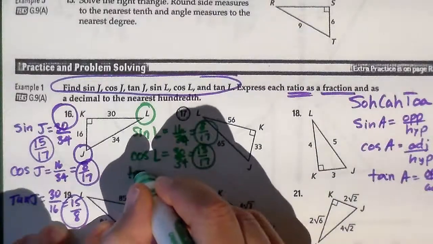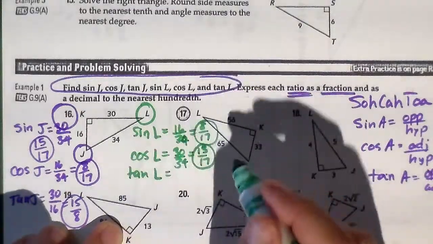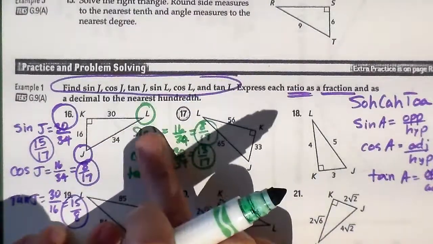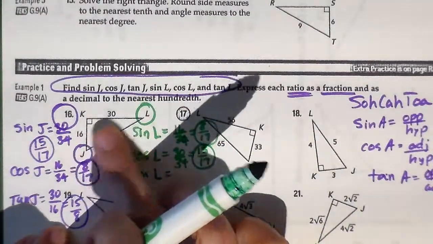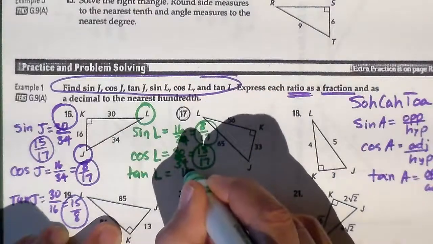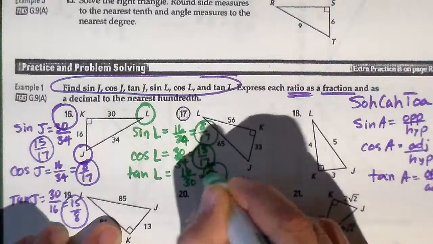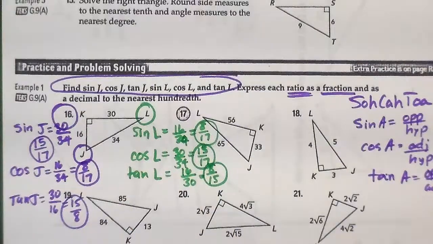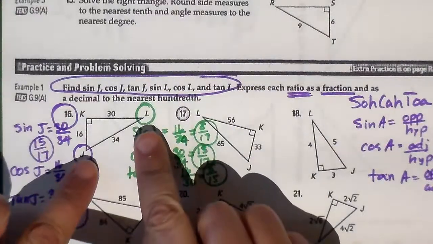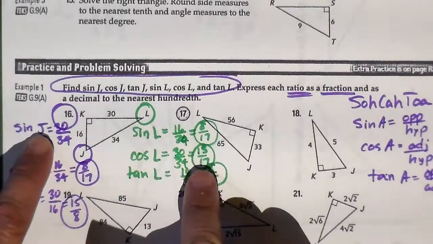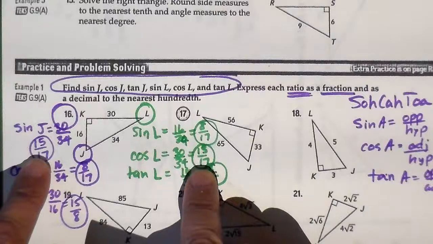And then if we do the tangent of L, tangent is opposite over adjacent. So that would be, according to L, 16 is opposite, 30 is adjacent. So we have 16 over 30, which is 8 over 15. Now if you remember, I told you that when you do a right triangle and you look at the two acute angles, the sine of one angle is equal to the cosine of the other.